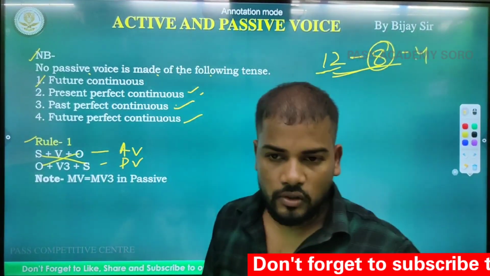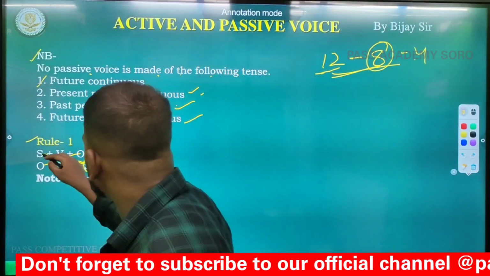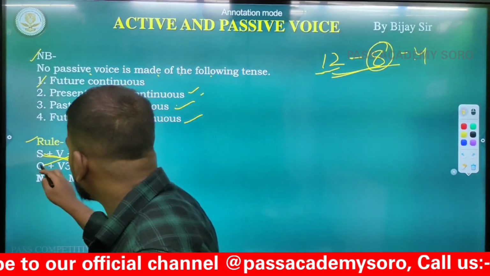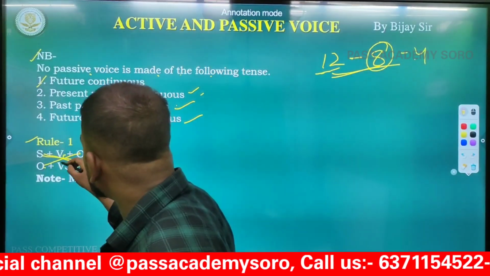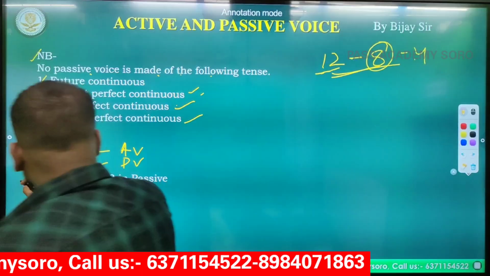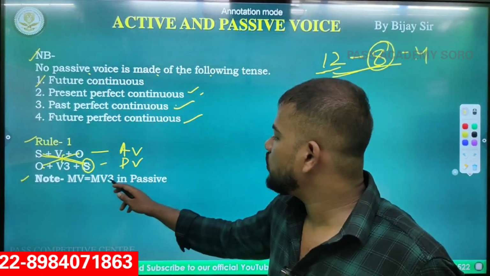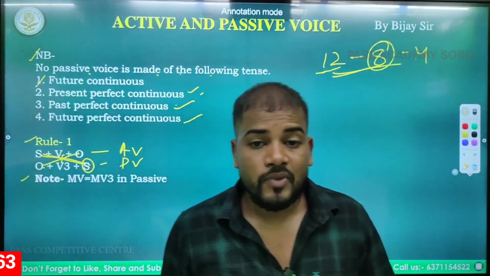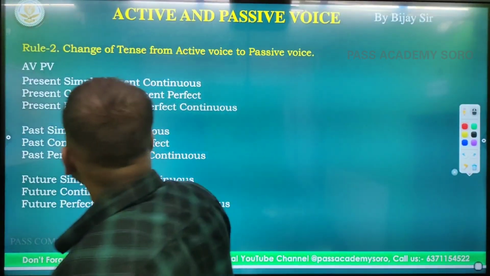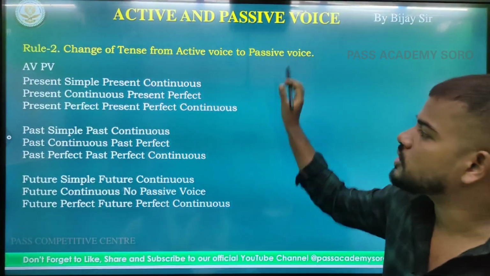Then we use the V3 form of the main verb. Another rule: always use the V3 form of the main verb in passive voice. Now rule 2, dear students. Rule 2 is change of tense from active voice to passive voice.